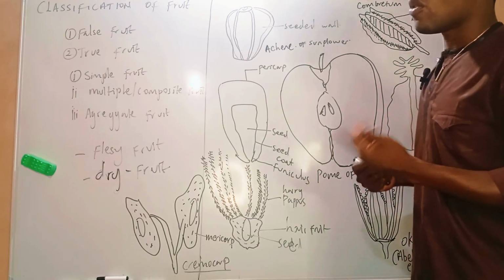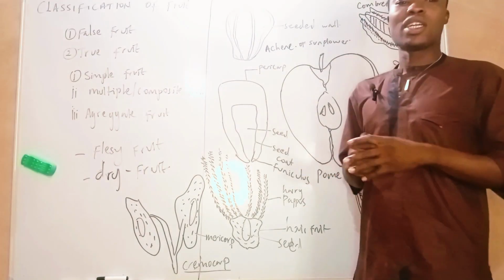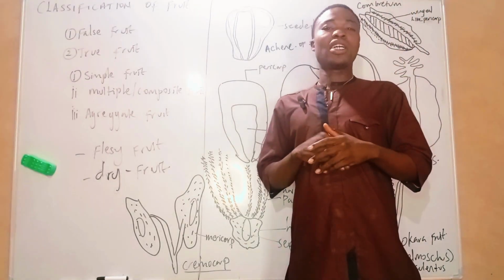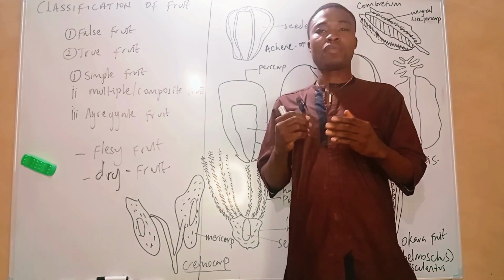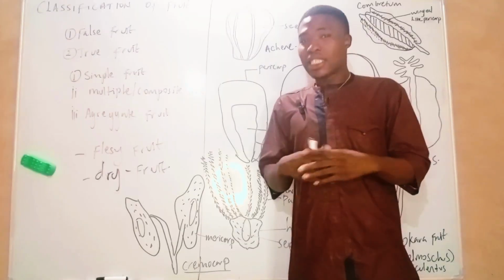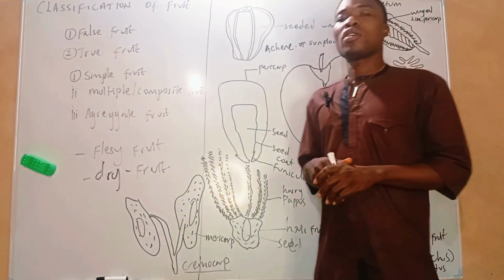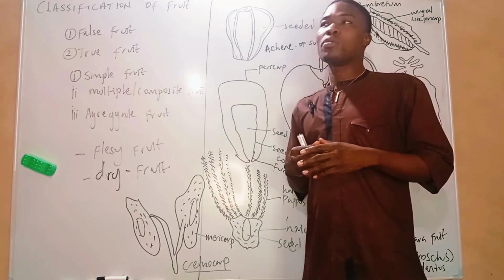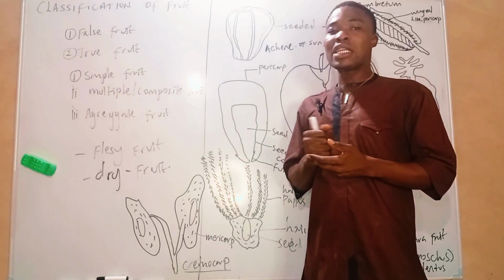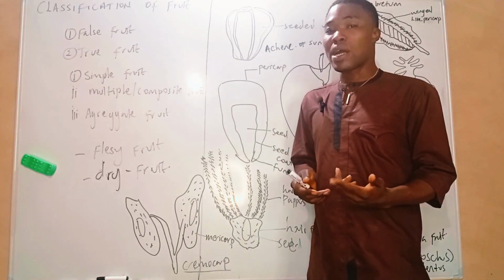Now first of all, what is a fruit? A fruit is actually a fertilized ovary, or a fertilized ovary and other floral parts.